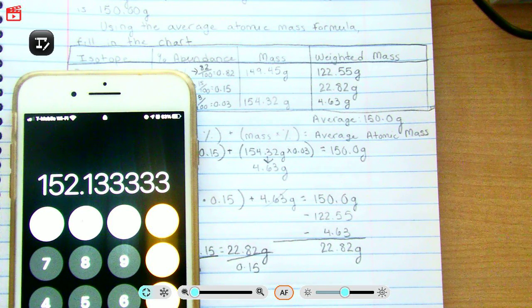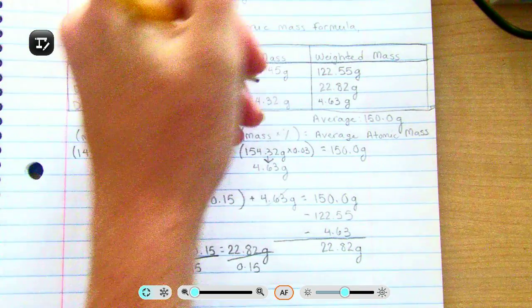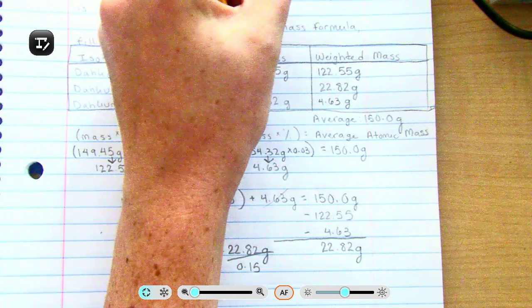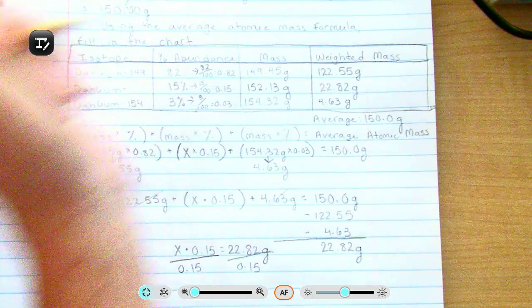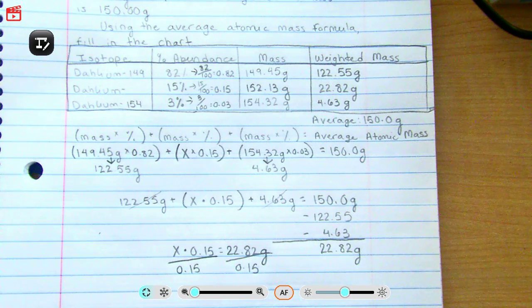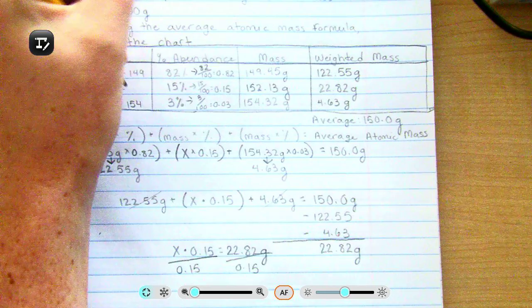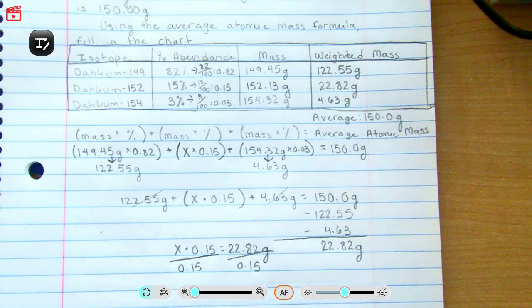So we can leave that as 152.13. If we were to give this a hyphen notation, it is closer to 152 than it is to 153. So just write 152. And you have solved your table.